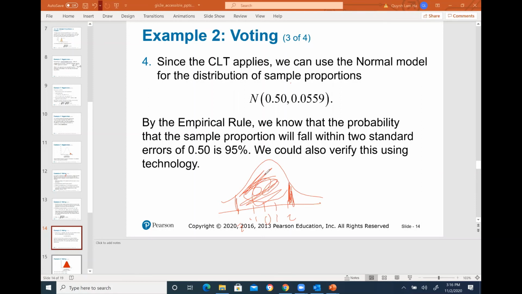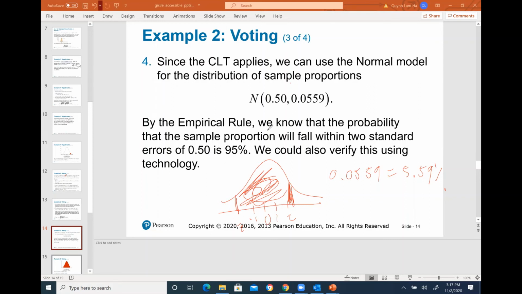And we are having the standard error 0.0559. It means we multiply it by 100%, we have 5.59%. So compared to 95% with this, if we have about 50, then it's good.